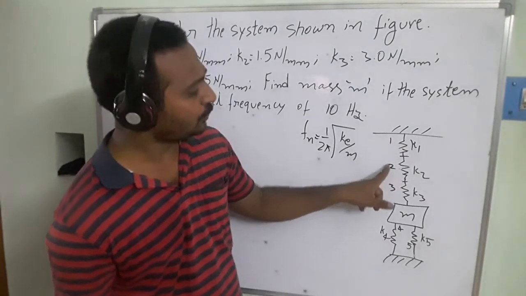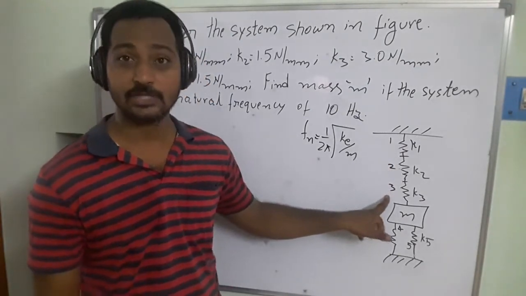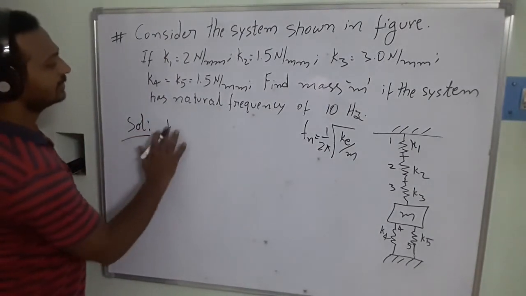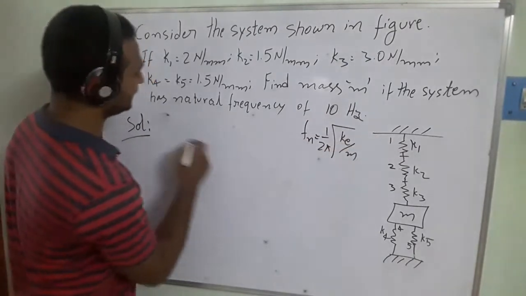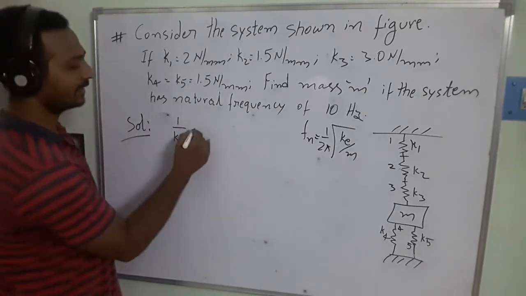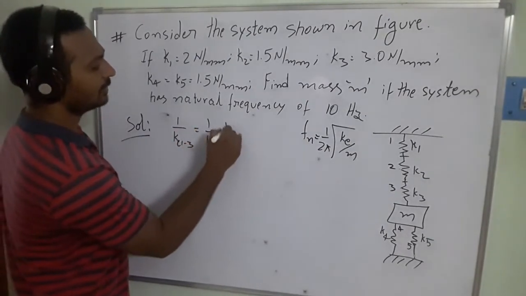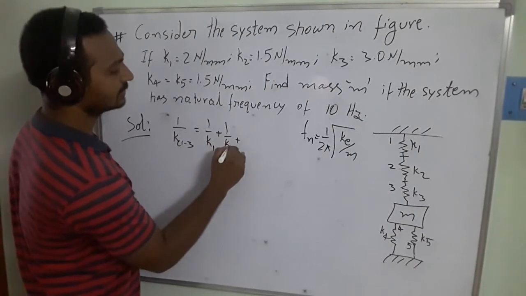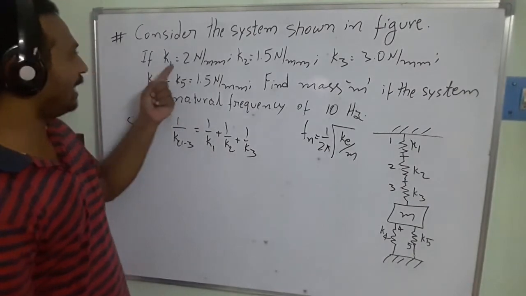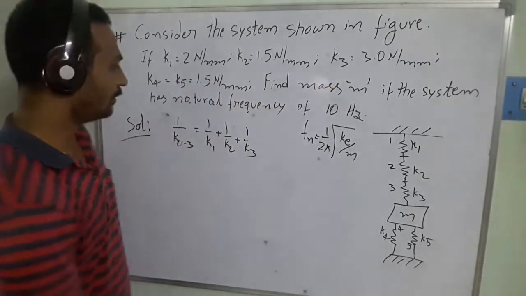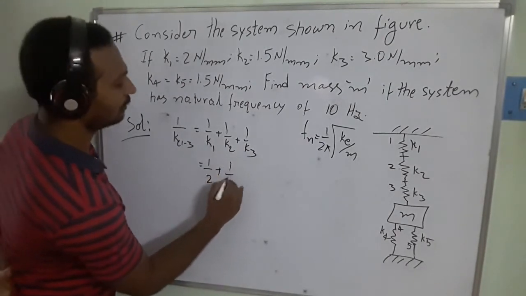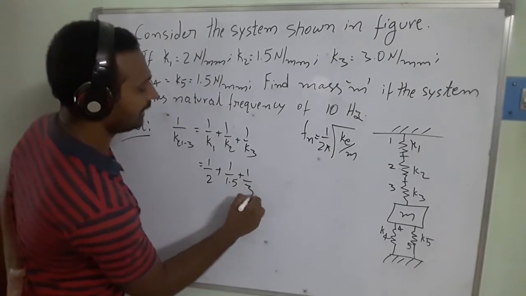Springs 1, 2, 3 are in series combination. In the series condition, the equivalent stiffness is 1 by K equivalent 1 to 3 equals 1 by K1 plus 1 by K2 plus 1 by K3. Substituting the values, that is 1 by 2 plus 1 by 1.5 plus 1 by 3.